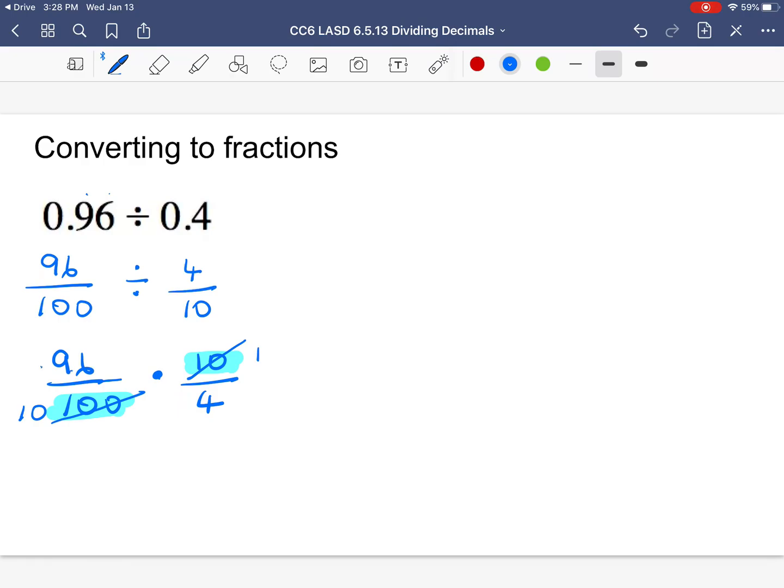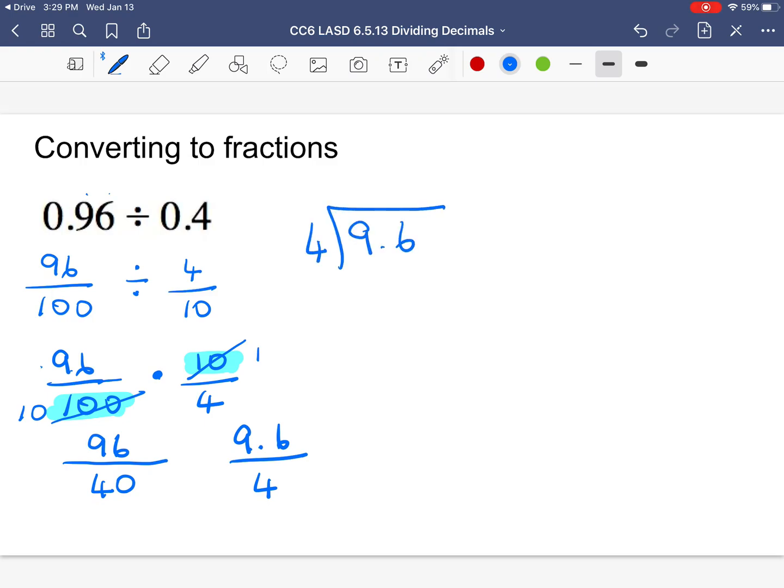So now when I multiply across, 96 times 1 is 96, and 10 times 4 is 40. I can do long division and divide 96 by 40, or I can simplify the numbers further. I can divide both by 10 and get 9.6 divided by 4.